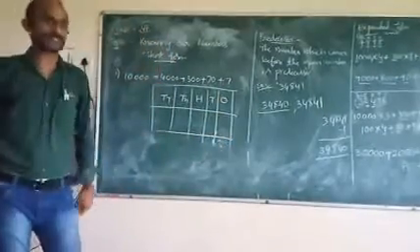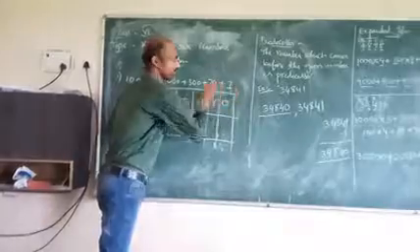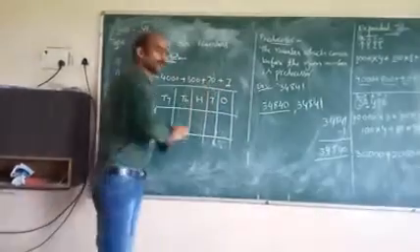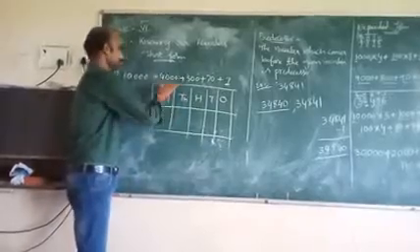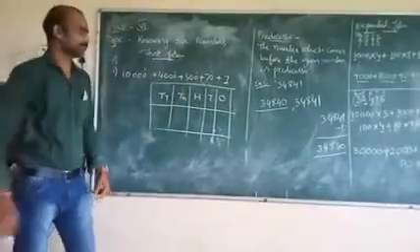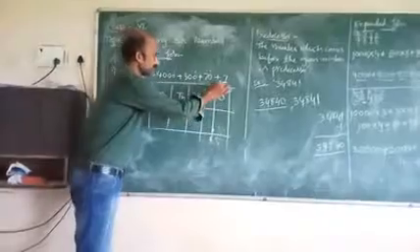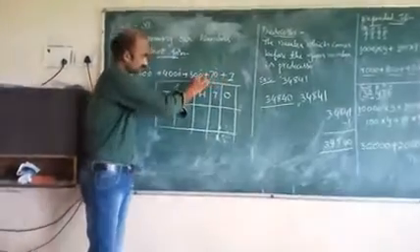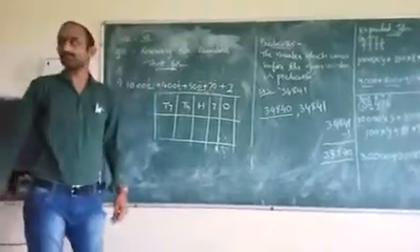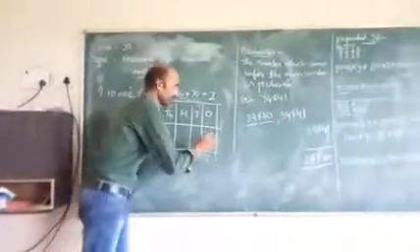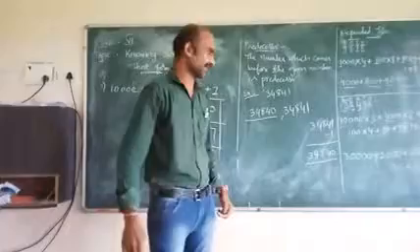What is the ones digit here? 7. Here 0. Here 0. Here 0. So add 7 and all the 0s: 7 plus 0 is 7. So the ones place value is 7 only.